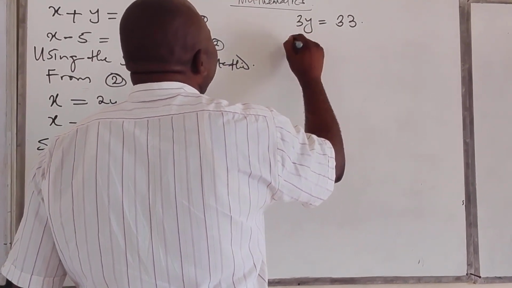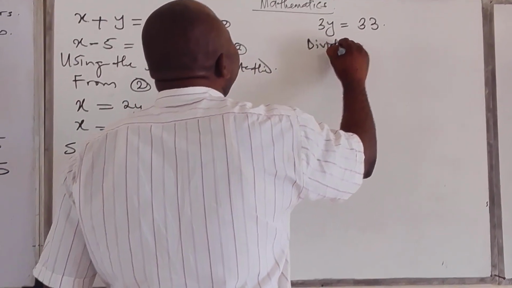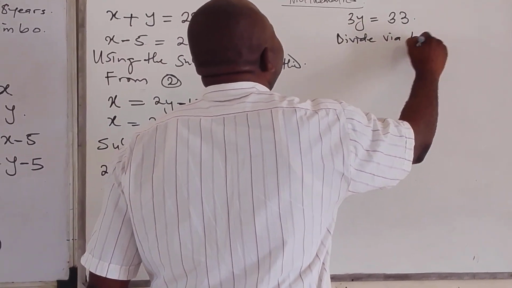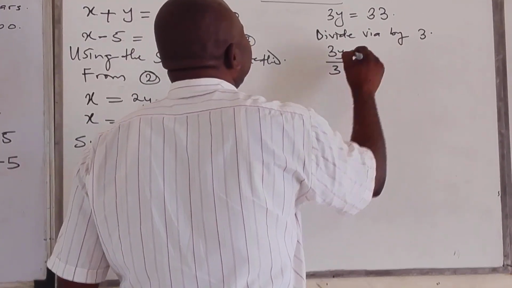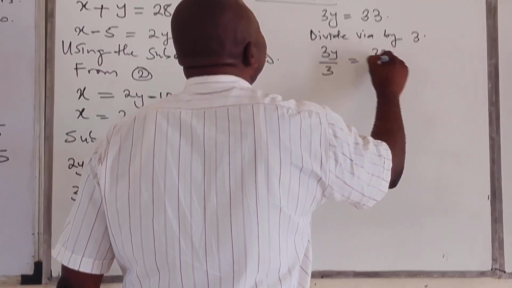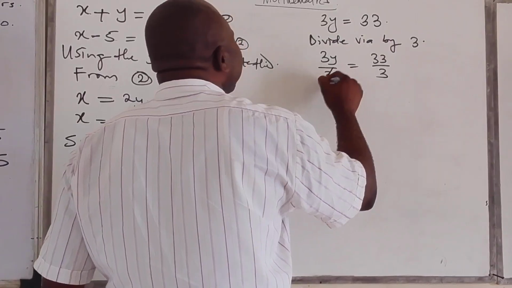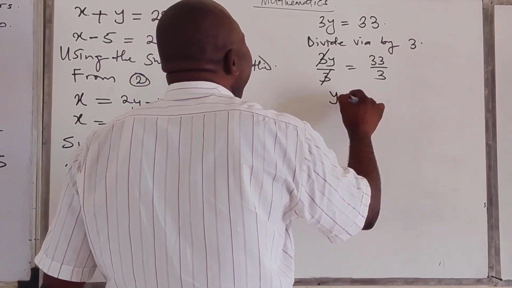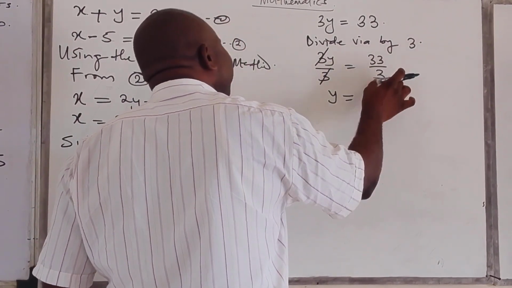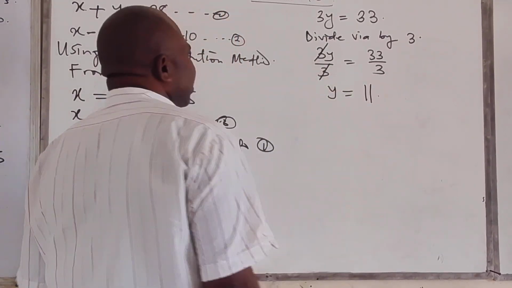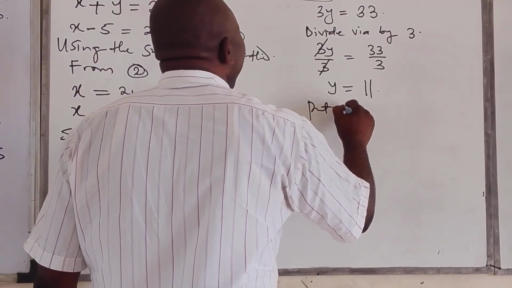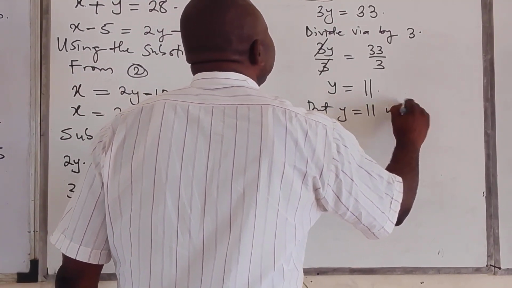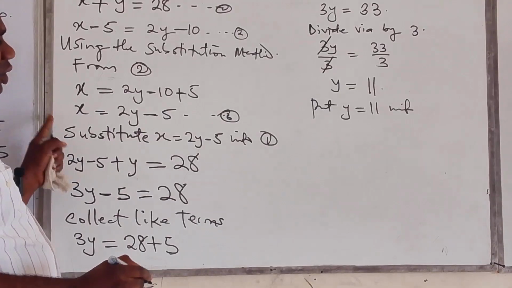So to get the value of y, you divide by 3. So here we have 3y all over 3 is equal to 33 all over 3. Now this 3 will go with this 3. We have y is equal to 33 divided by 3 is 11. Yes, is 11.